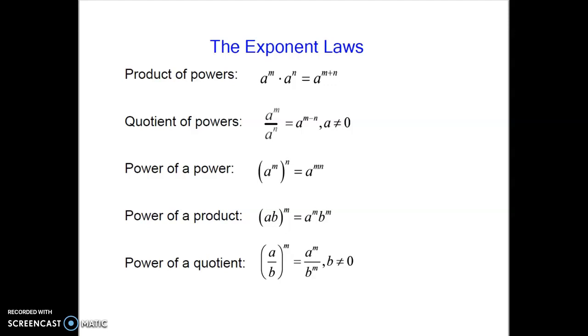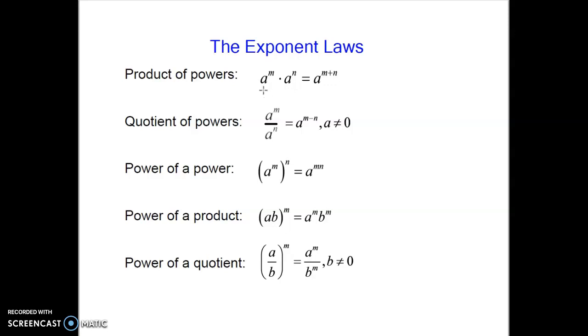So the exponent laws, this is the really important stuff for today. We have seen a few of these in the past few slideshows. If not, you need to know these, okay? So these are the exponent laws that you need to remember. There's the product of powers. A is just any number, but it has to be the same.